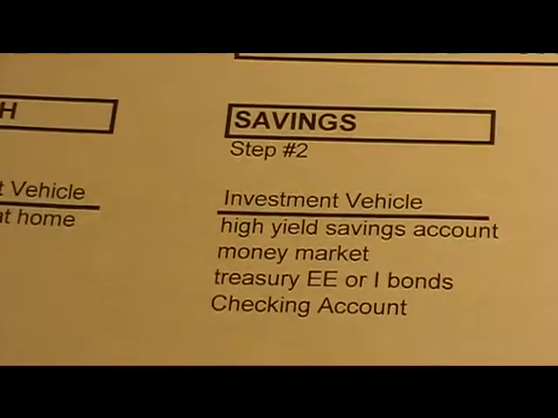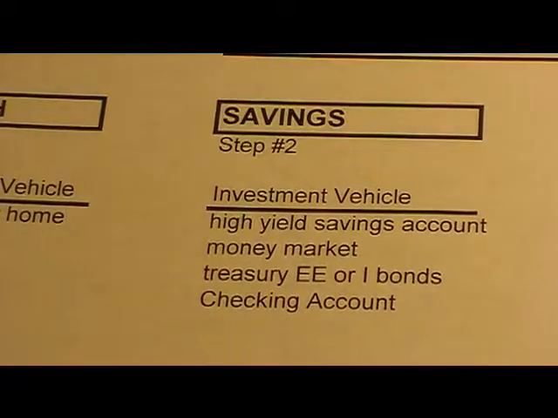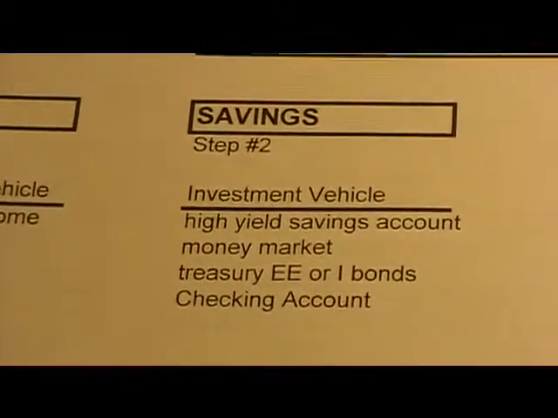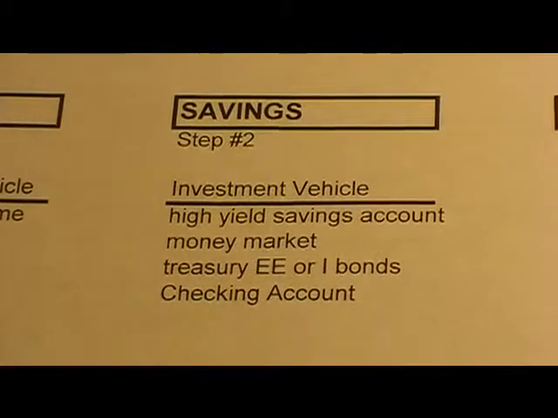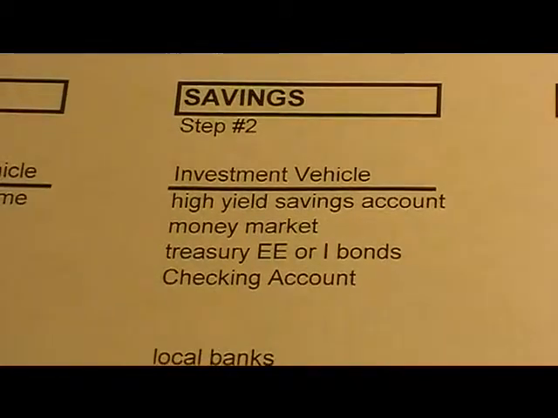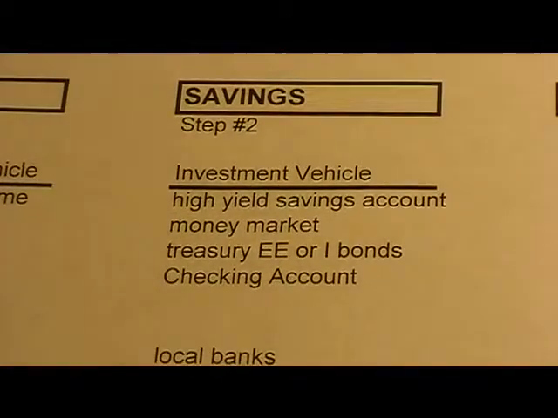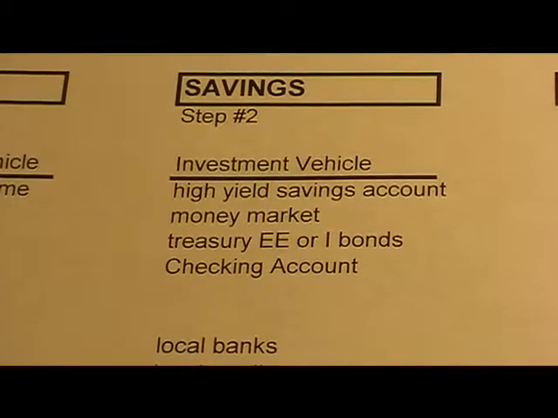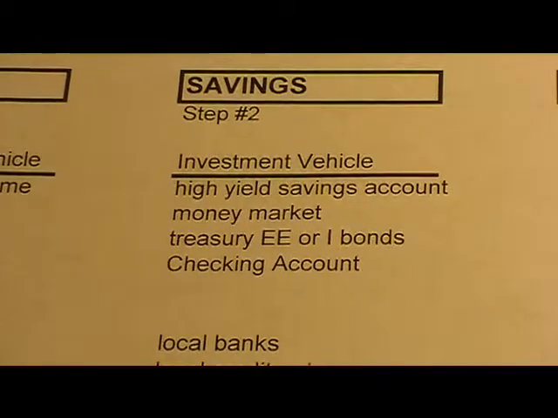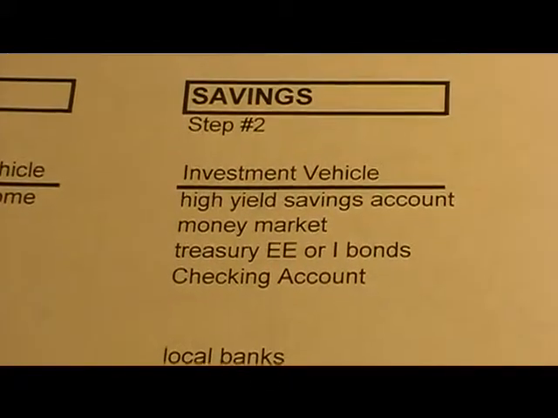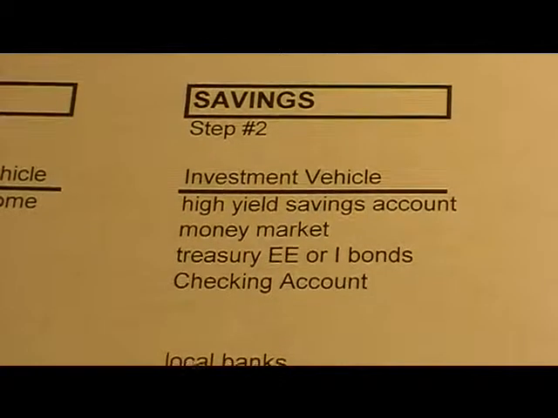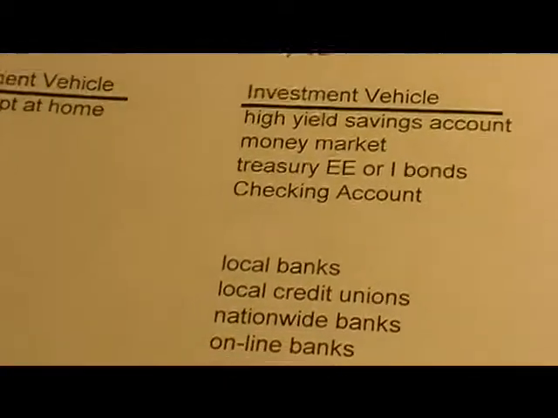And moving over to what is the second pillar of 3 in supporting the emergency fund is the savings aspect. Now, this is step 2, and the investment vehicle for this particular portion can be high yield savings accounts, money market accounts, treasury, EE or I bonds, and checking accounts.